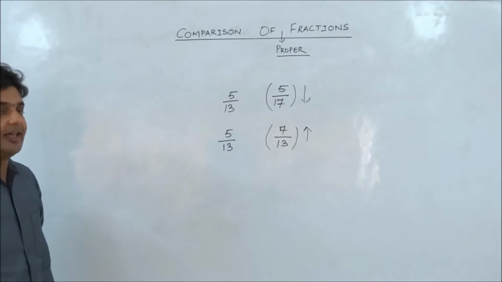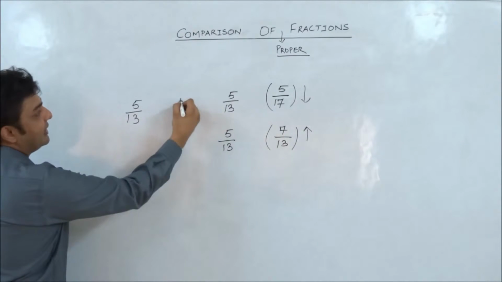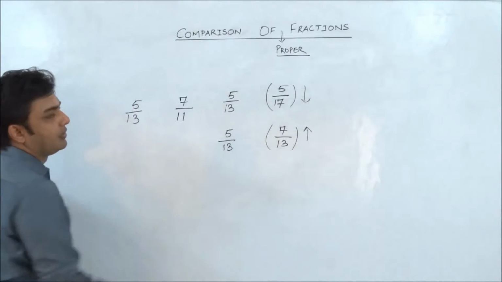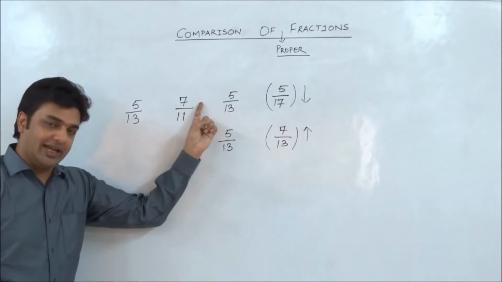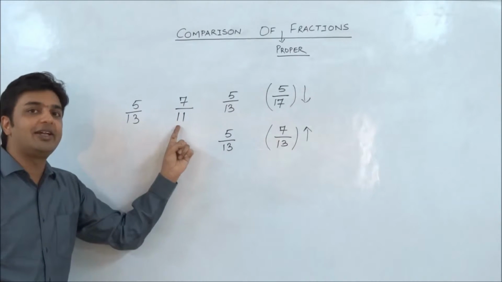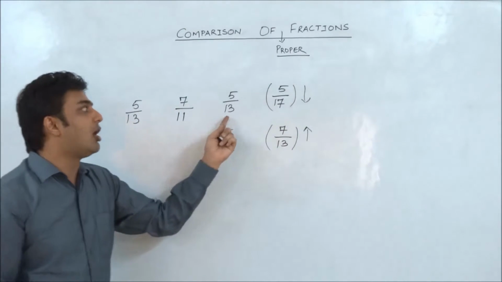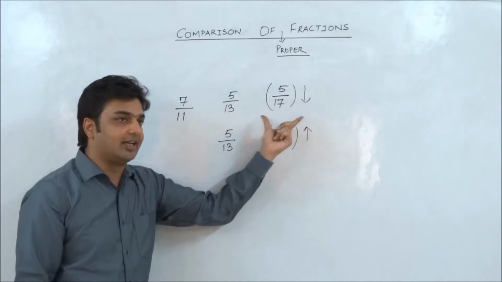What happens in the case when the numerator is increasing and the denominator is decreasing? Numerator will increase, the number should increase. Denominator is decreasing, that means the number should again increase. When the denominator was increasing, the number was decreasing.